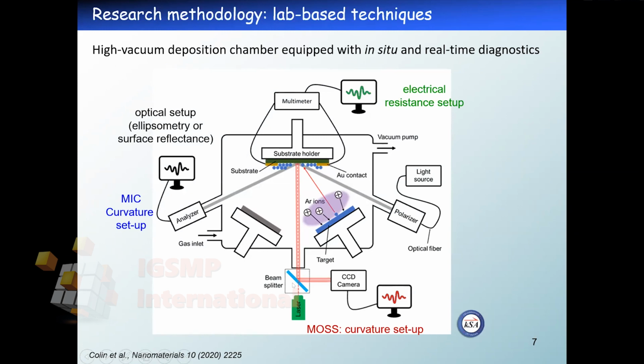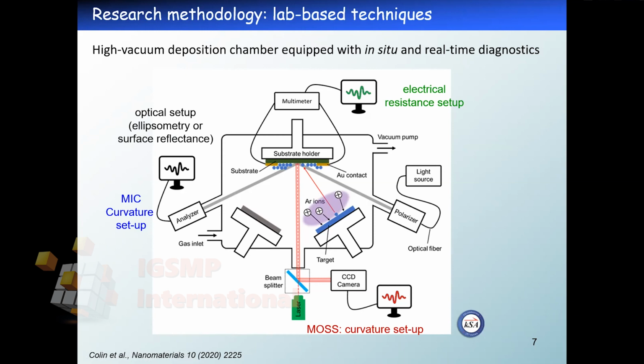The first one, which uses a laser, is called the multiple optical stress sensor. It's a curvature setup, sensitive to the curvature evolution during deposition. We can also measure the optical properties of the film that evolve during deposition.